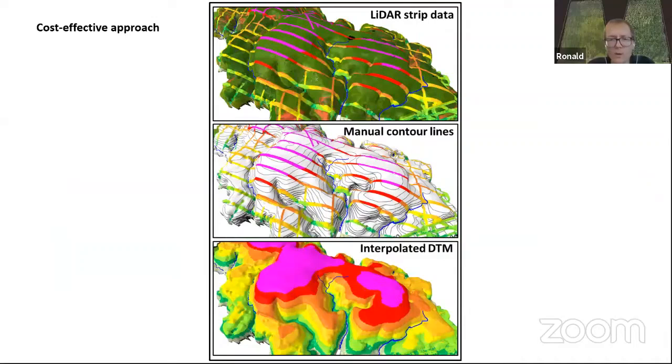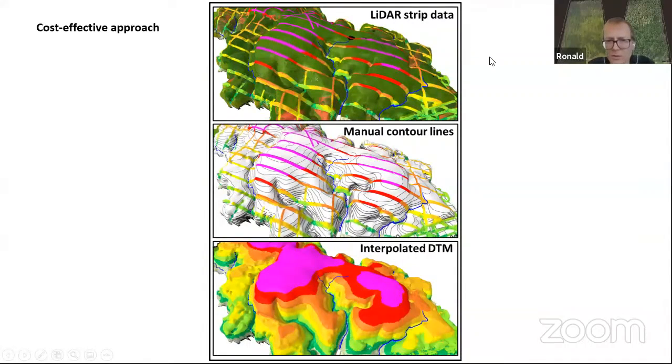As you may know, LIDAR is the most accurate method to derive elevation models, but also an expensive method. So that's why we have developed a cost-effective approach by not flying LIDAR full coverage, but flying the LIDAR data in strips, as is illustrated in the top part of this figure.